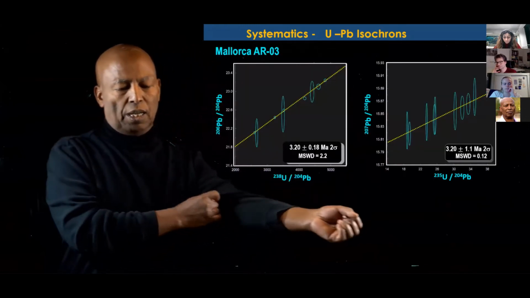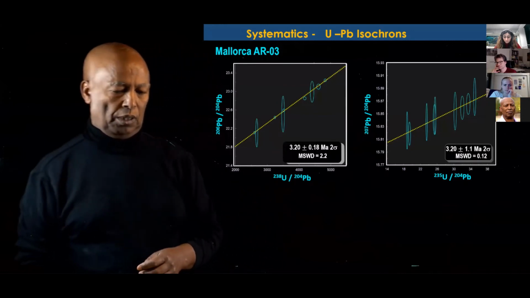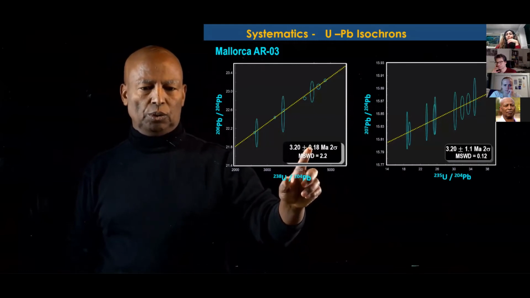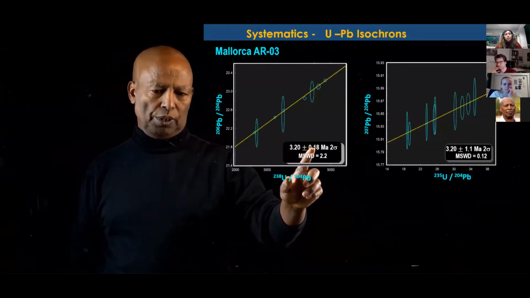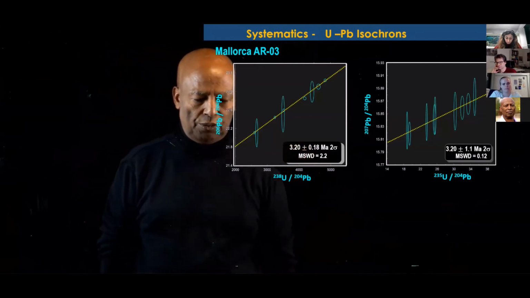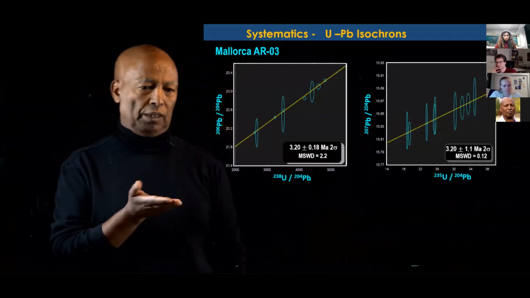This is an example from one of Anna's samples, Majorca AR03. This is a lead to uranium-238, lead-206 isochron. It has an age of 320 plus or minus 0.18. We always report our errors as 2 sigma errors.